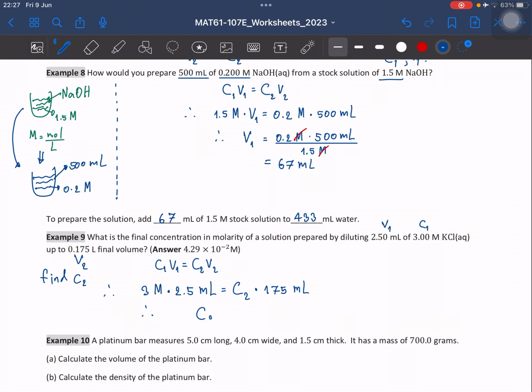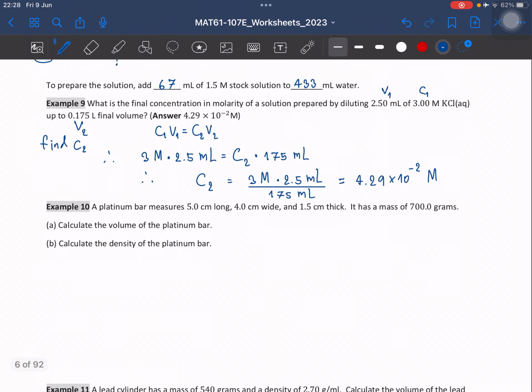Therefore C2 equals 3 molar times 2.5 milliliter, and the denominator is 175 milliliter, and at the end you will get the answer, 4.29 times 10 to the minus 2 molar. Okay.